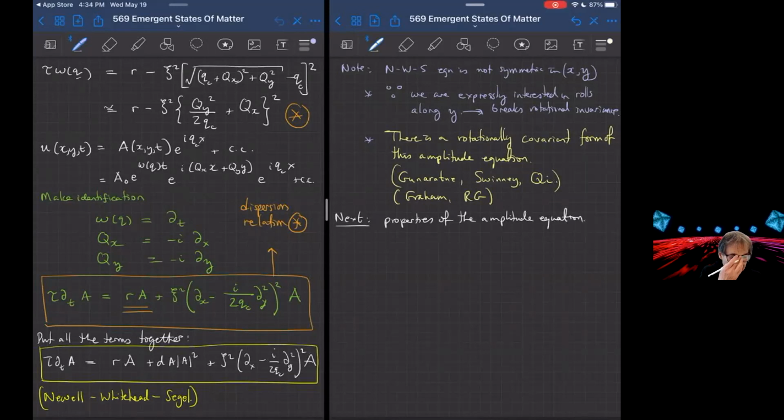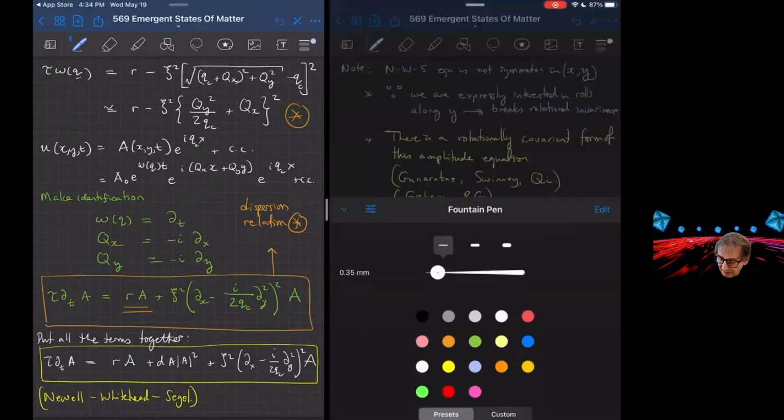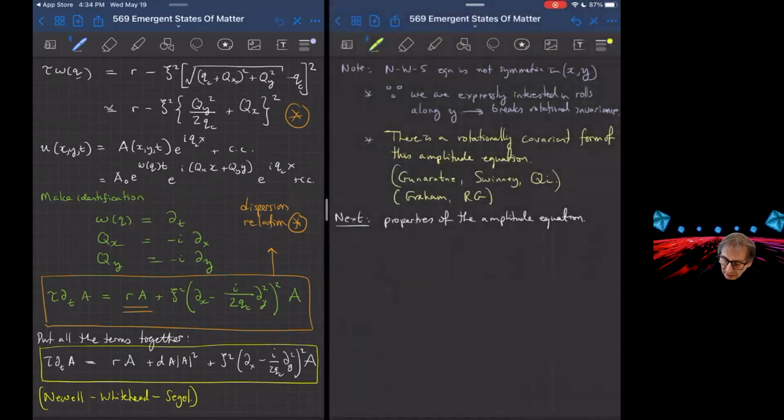So the main things that I'm going to be interested in are not solutions of it per se, but I'm going to be mostly interested in scaling properties of the amplitude equation.